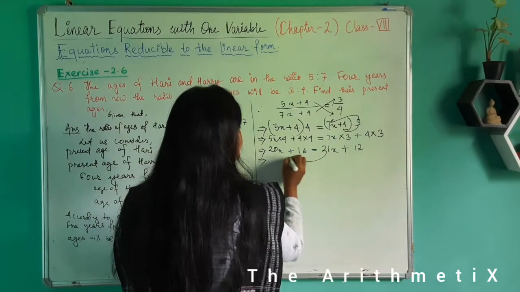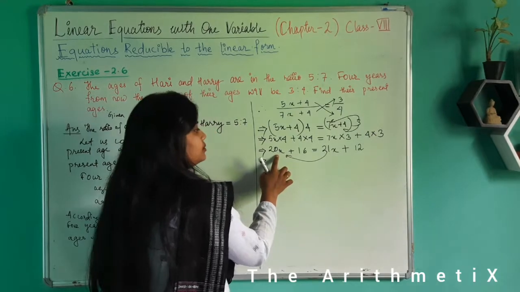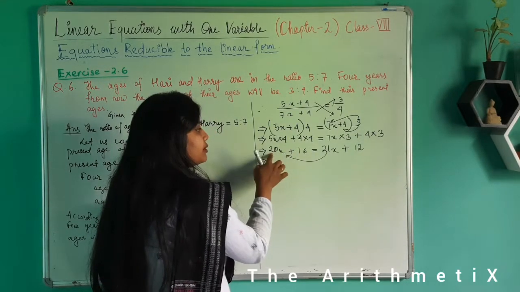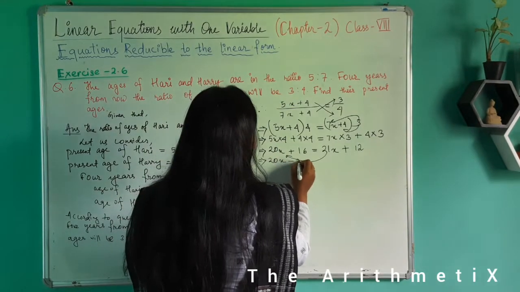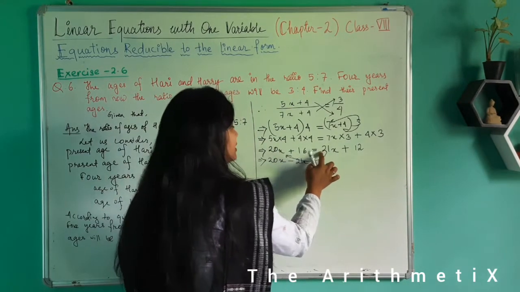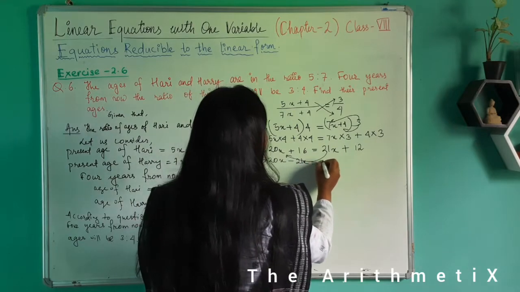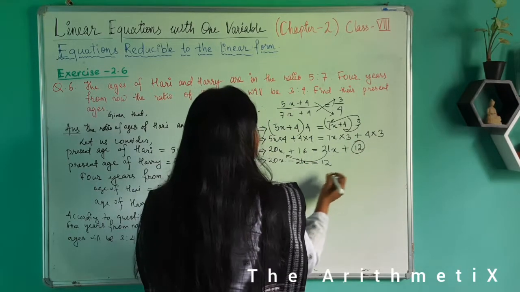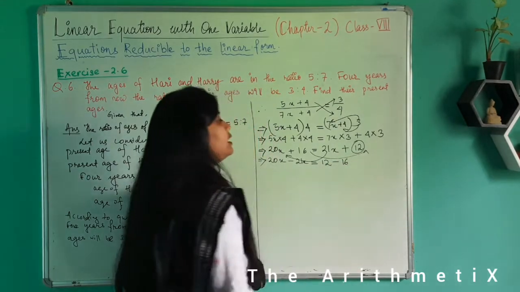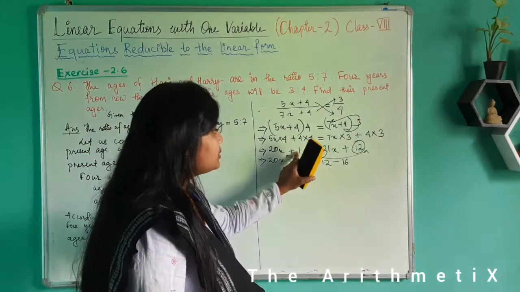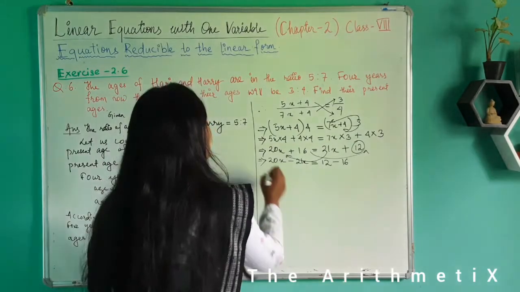Now transpose 21x to keep it together with 20x. In the next step, I will write 20x minus 21x. It was plus here, so it will be subtracted here. What is already present is 12. 16 will be transposed to RHS, so it is supposed to be minus 16 because it was plus earlier on the LHS.